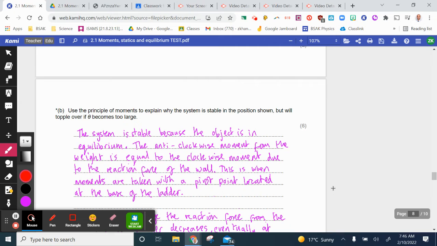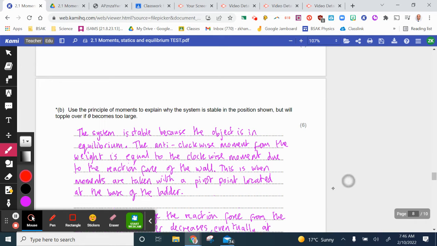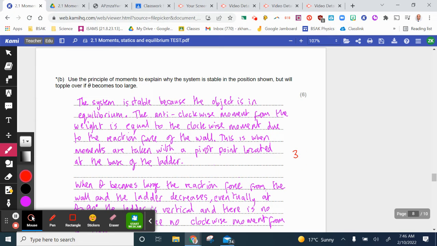In a calculation, you will have numbers to verify all of this, however we are writing it all in words. This sentence gives you 1 mark, identifying the pivot point, identifying that clockwise equals anti-clockwise, and identifying which forces are creating these two will pick up the second 2 marks. So that is your 3 marks.